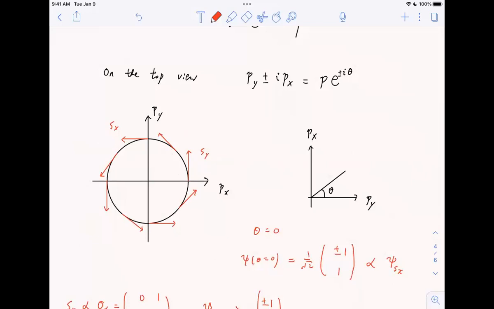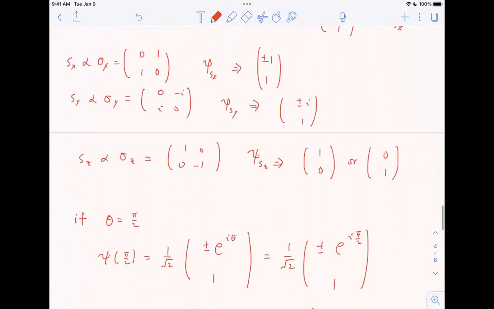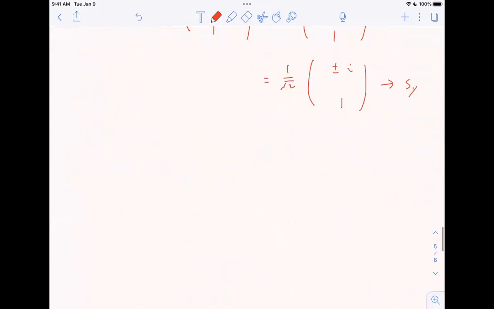So you get a spin like this. Is that okay? If you go to the negative energy, then you just reverse it. Everything is reversed.